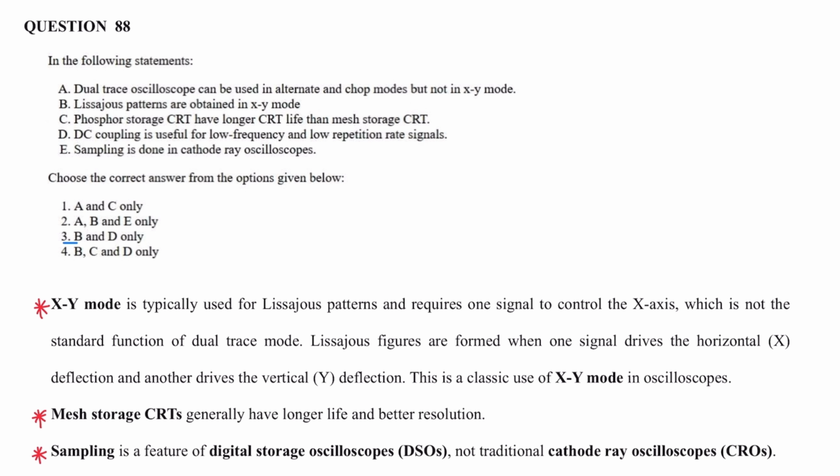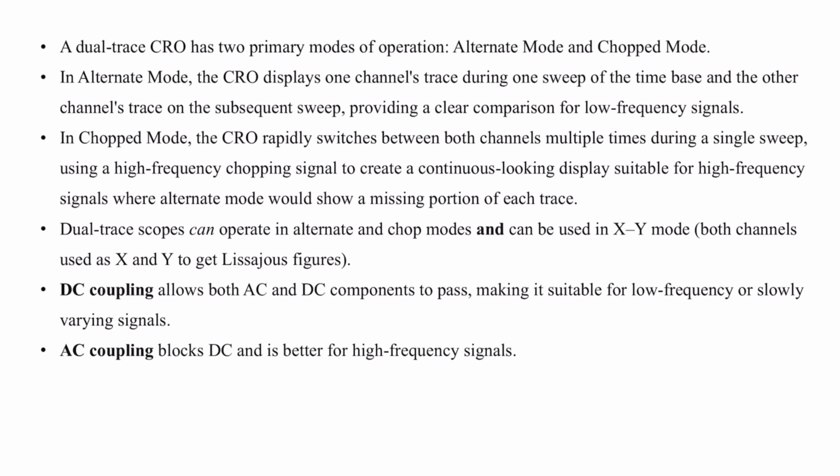Question number 88. Five different statements are given. We need to identify the correct statement. Statement A: dual trace oscilloscope can be used in alternate and chop modes but not in XY mode. Statement A is incorrect. This dual trace CRO has two primary modes of operation, alternate mode and chopped mode.